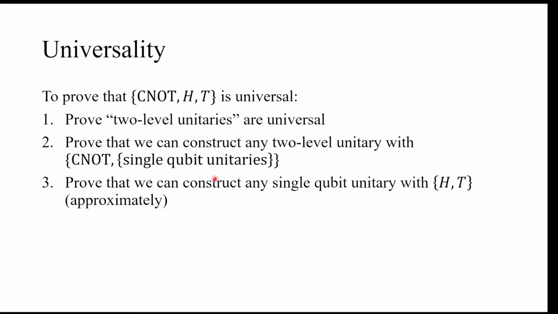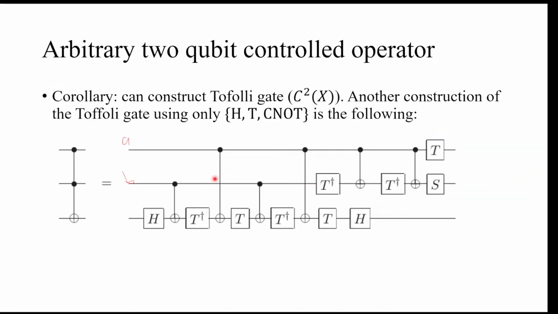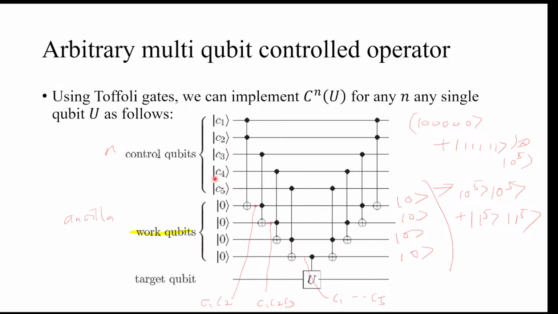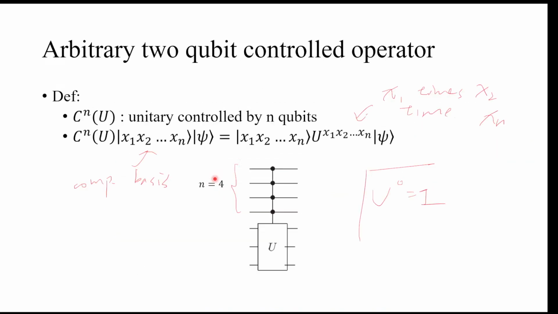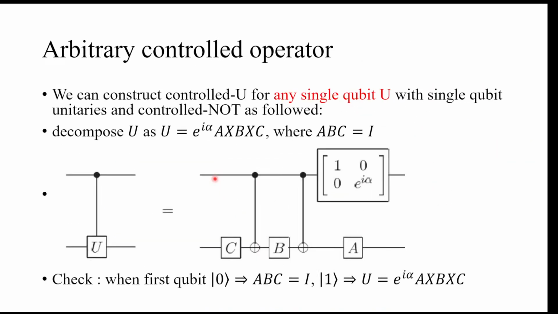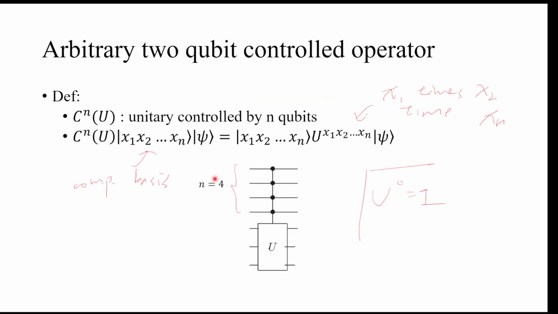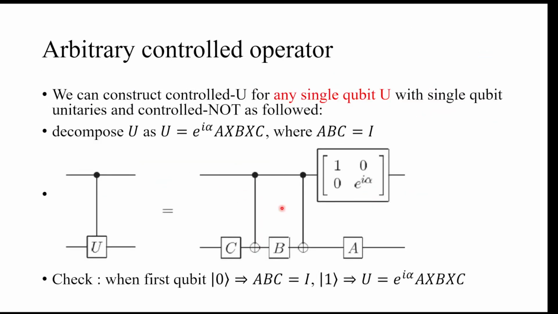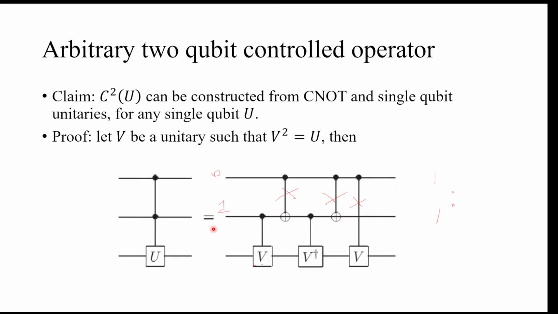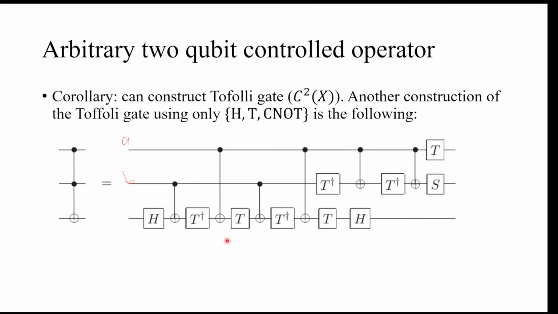And this gate set might be pretty familiar because this is the gate set that we use to do arbitrary control. Because we just talked about, from CNOT and arbitrary 1 qubit unitary, how to do this control, and how to do this 2 qubit control, and how to do multi-qubit control.